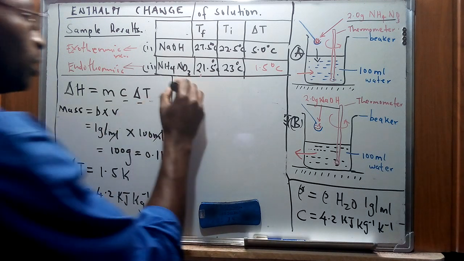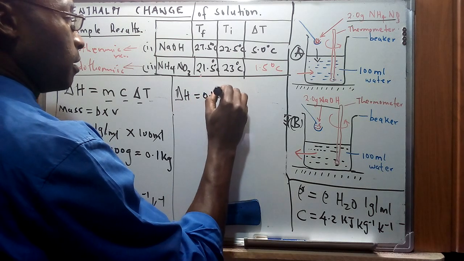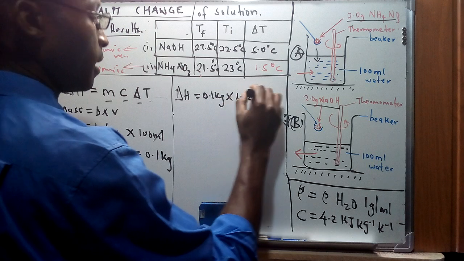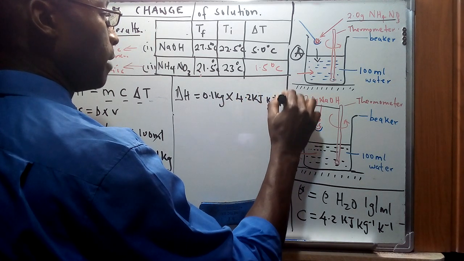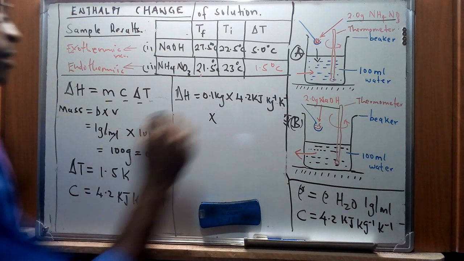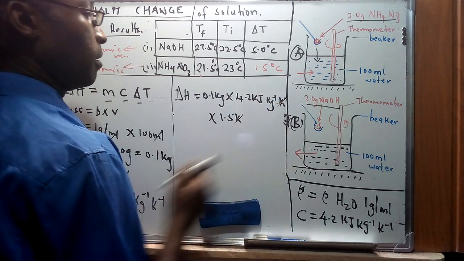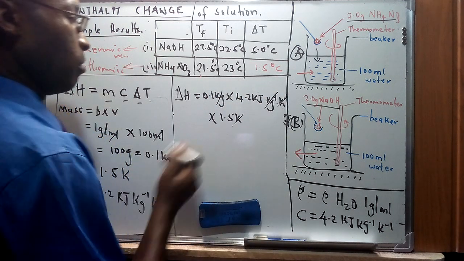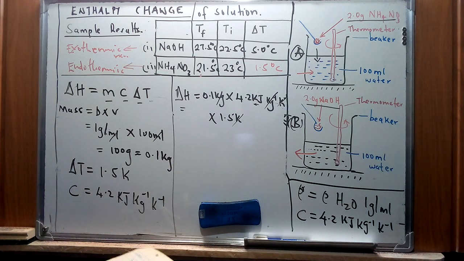So delta H is going to be given as mass, 0.1 kg, times the specific heat capacity, 4.2 kilojoules per kilogram per Kelvin, times the change in temperature, 1.5 Kelvin. The Kelvin cancels out, and the kilogram per kilogram cancels out. So the amount of heat that we are going to find is going to be given in terms of kilojoules.